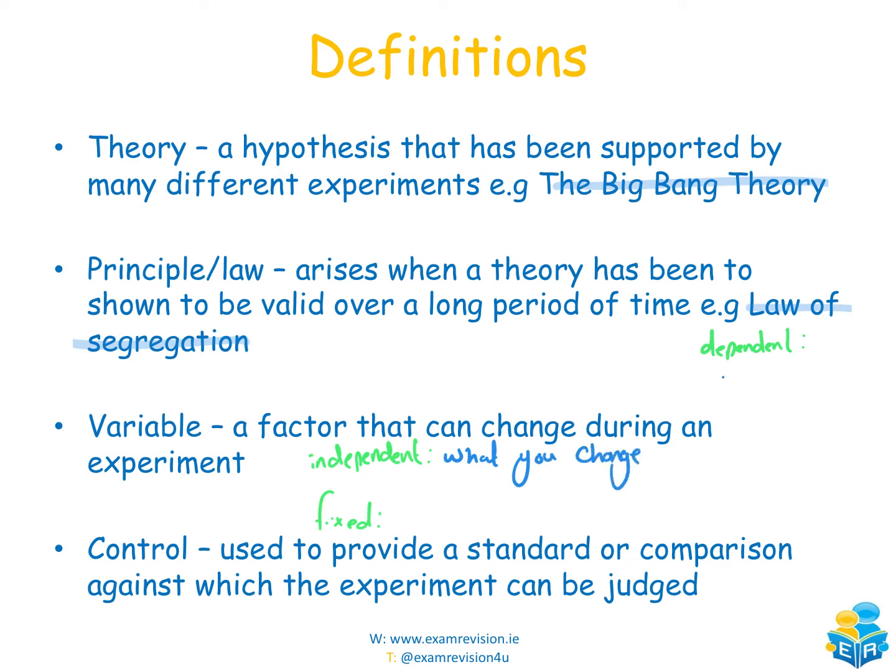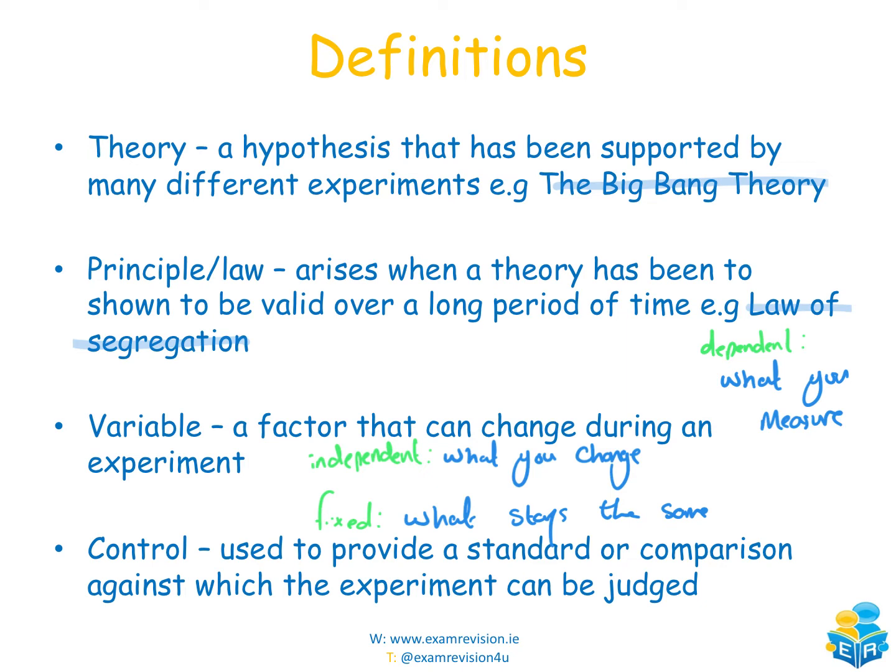The dependent variable is what you measure. And the fixed variables are what stays the same. So we can break variable down into three types. Dependent, what are you actually measuring? The independent, what are you changing? And then the fixed variable, what's staying the same.